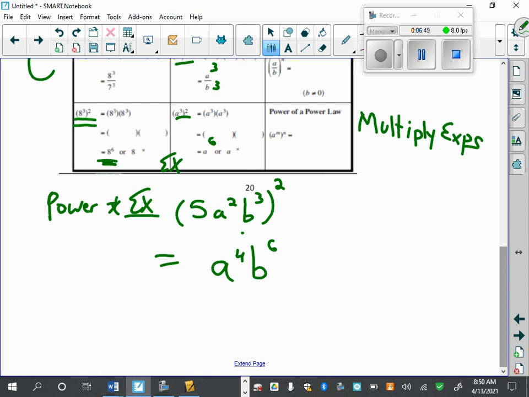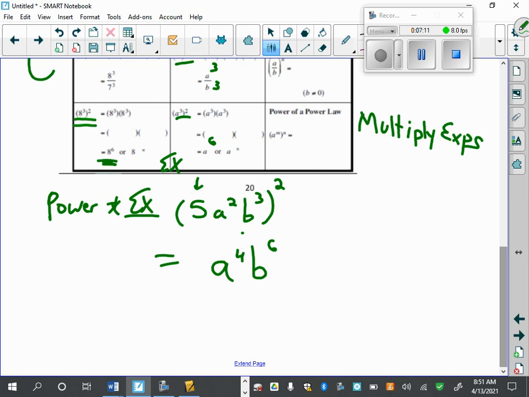But think about what I just said. Multiply the exponents. This is not an exponent. You do not do 5 times 2. That's wrong. That's what almost all the mistakes are on this one. If you do that, you lose most of your marks, or half your marks, because that's the most important part.